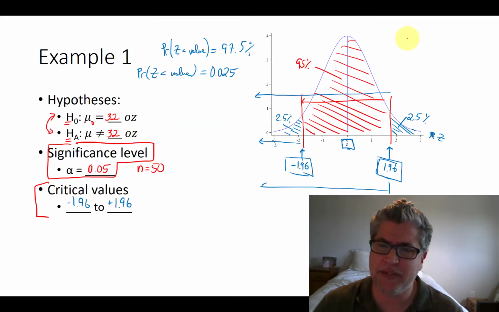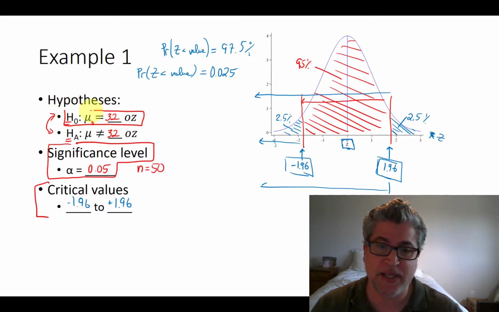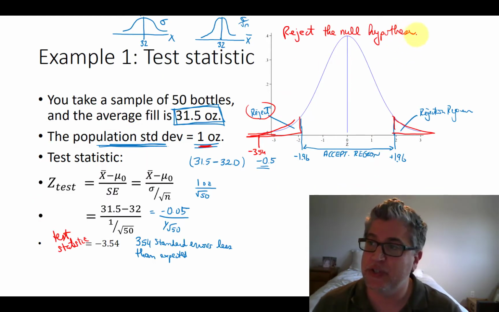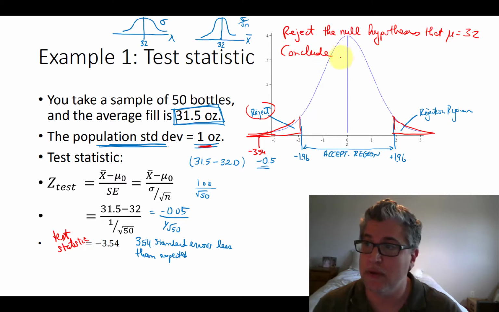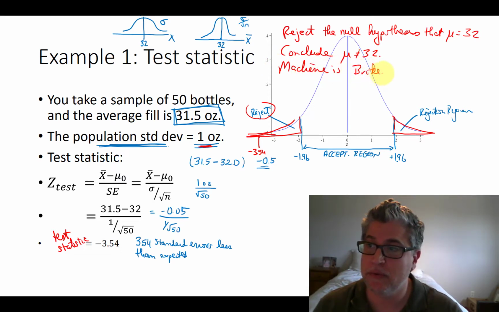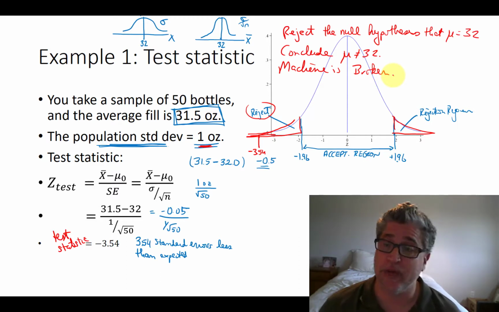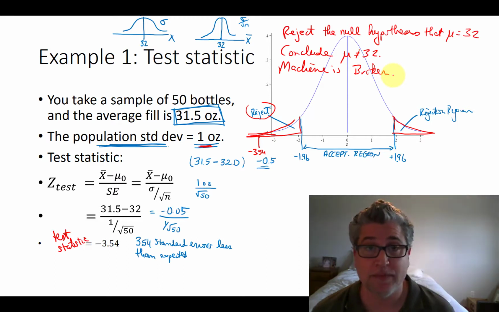And what was our null hypothesis? That's why we write this down. The null hypothesis was that the actual machine is filling at 32 ounces. So we reject the null, that mu is equal to 32. And we conclude that mu is not equal to 32. Machine is broken. So shut down your machine, recalibrate it, something's wrong.